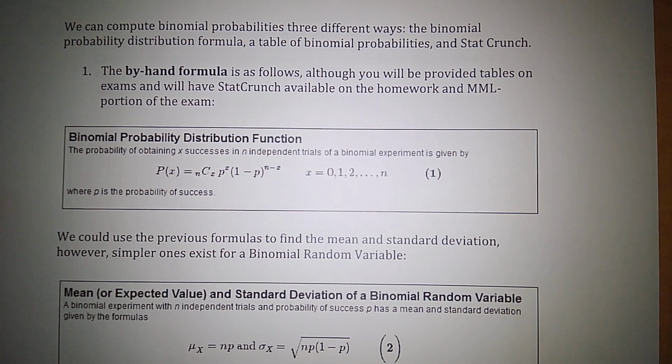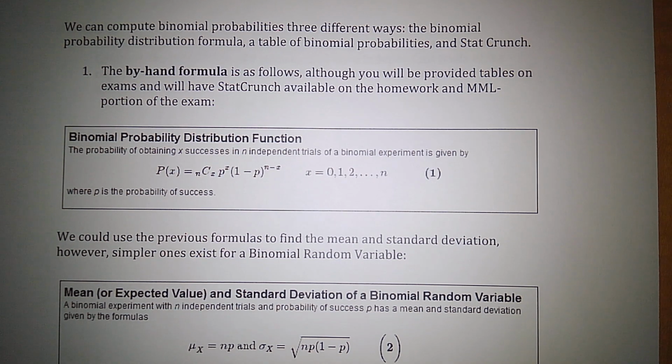We can also compute binomial probabilities 3 different ways. And for the first problem, we're going to do one question 3 different ways, just so you can see how each of them relate to each other and how you can choose 3 different ways to do each problem. The first way you can do binomial distribution is you can do it by hand using this formula.